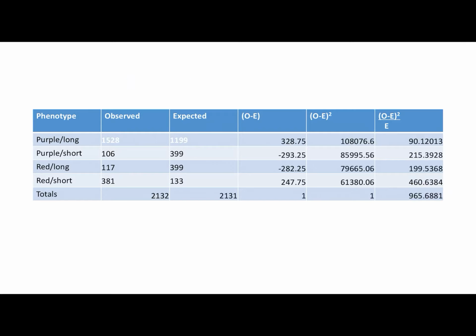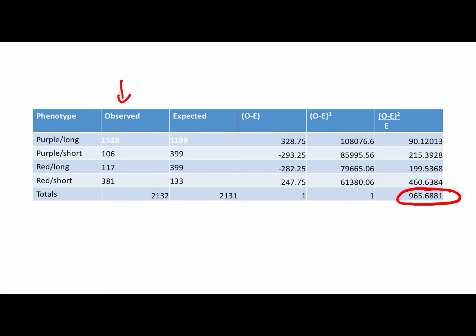Okay, so let's have a look at it here. I've already done all of this. I've done all those values and put them all in, and we've ended up with this value for chi-squared. Now we can already see that's quite a big number. And we know this because we could see very clearly that these values in the observed column did not fit the 9-3-3-1 ratio. There was quite a lot of difference.